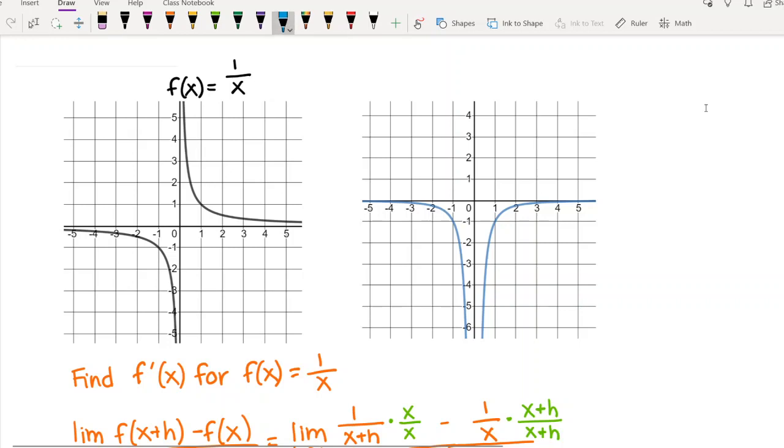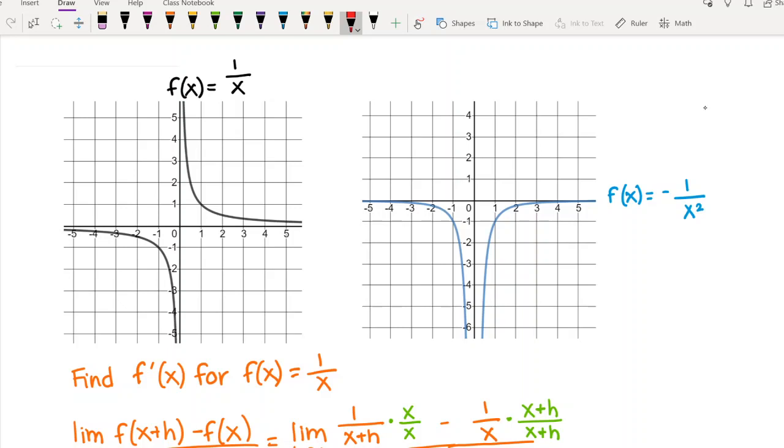So I just want to point out a few things about the connection between these two graphs. One thing I want you to notice is that if you look at the original function, if you were to take the slope of the tangent line at any point, it would always be negative, right? There's no place where this graph has a positive tangent line.